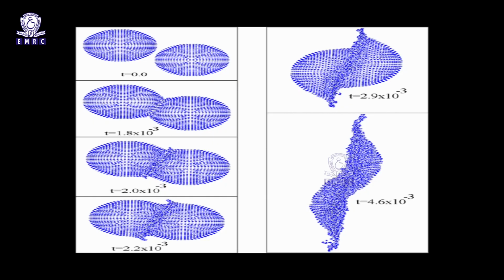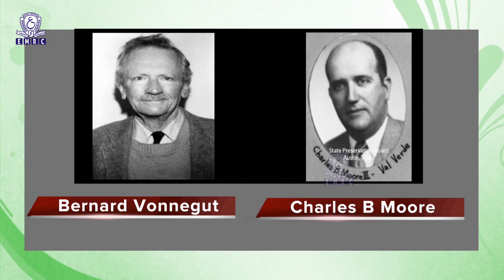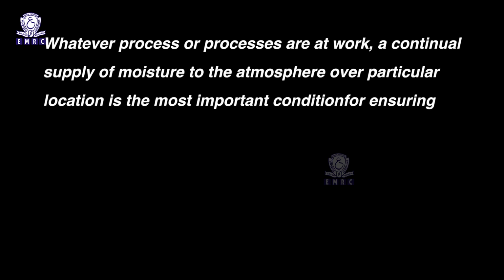If the colliding droplets have opposite charges, coalescence is easily achieved. The role of electrical attraction in generating precipitation from a cloud has been investigated by Bernard Vonnegut and Charles B. Moore. Whatever process or processes are at work, a continual supply of moisture to the atmosphere over a particular location is the most important condition for ensuring a prolonged precipitation.